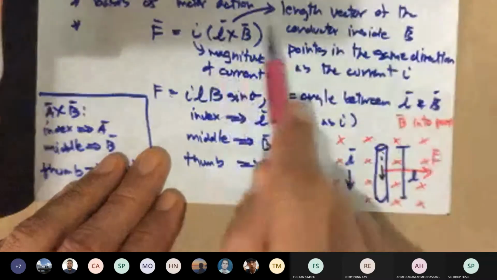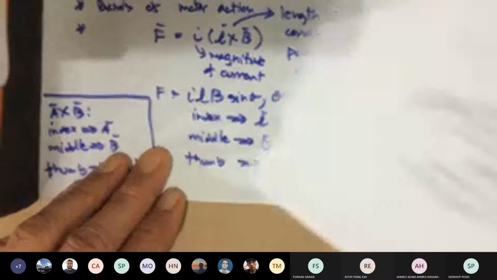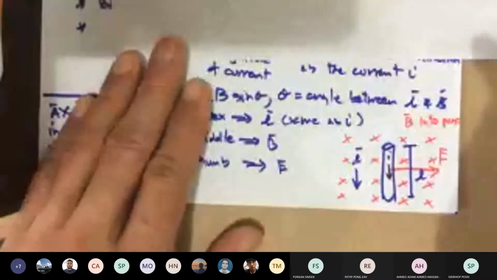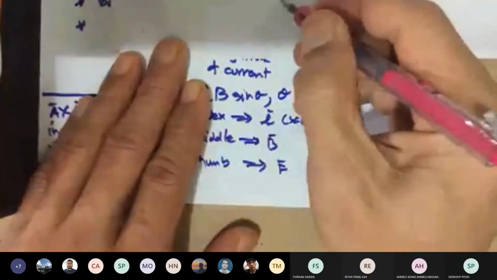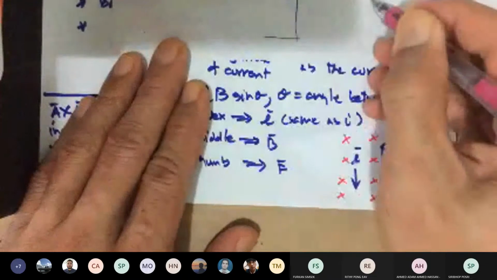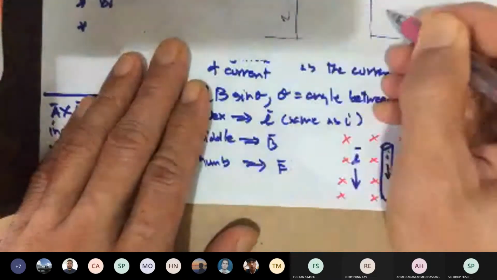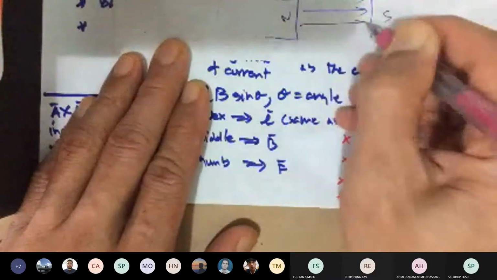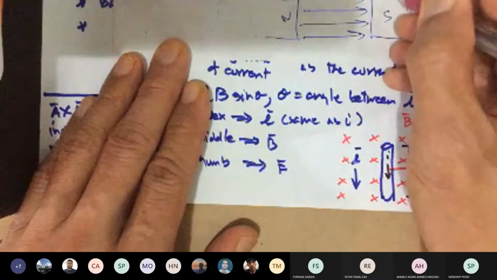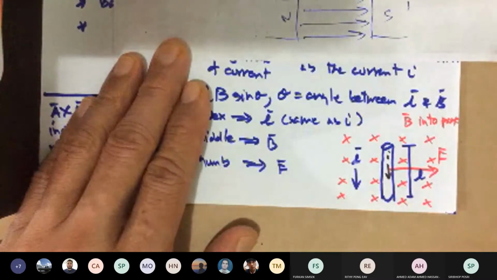Now, why does it have to be like that? Let's say I have a magnetic field here, north and south. This is my magnetic field, but my conductor is longer.